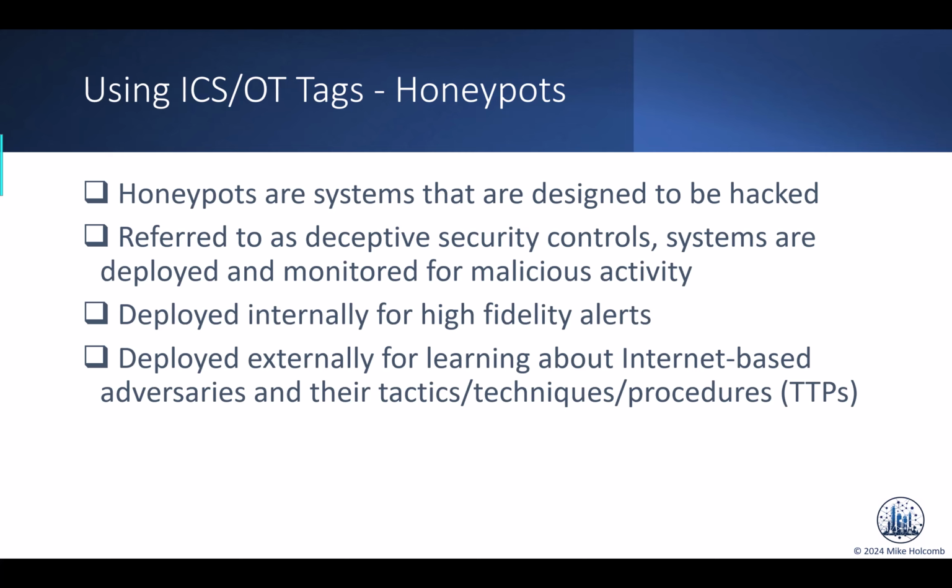So if somebody pings it, if somebody port scans it, or maybe it's a Modbus honeypot and somebody tries to connect to it and read from the Modbus coils and registers, read values off of the PLC, if any of that type of activity happens, then again, somebody's in the network doing something that they shouldn't, and it could be an attacker, or it could be a PLC technician that just found out about Nmap and is trying to run it.